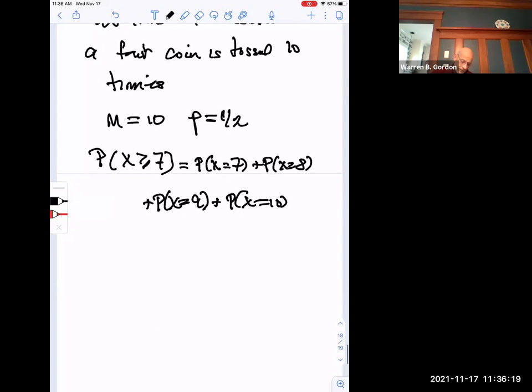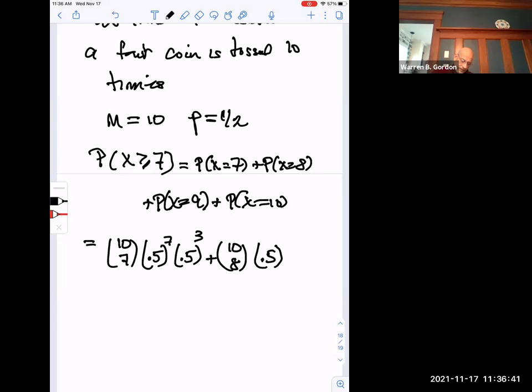For 7 successes from 10, it's 10 choose 7, 0.5 to the 7, 0.5 to the 3, plus 10 choose 8, 0.5 to the 8, and 0.5 to the 2.